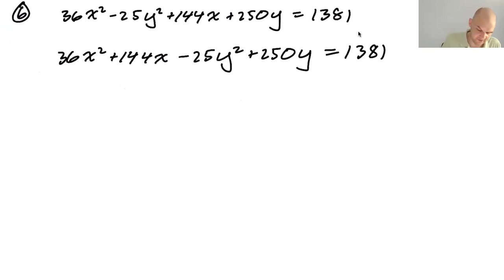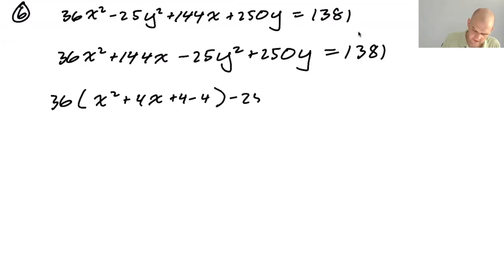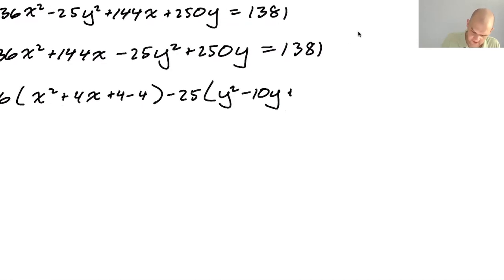And now I'm going to take 36 out. Get x squared plus 4x. So I already know it's going to be plus 4 minus 4. Then minus 25, y squared minus 10y, and then divide by 2 squared, so it's going to be plus 25 minus 25. And then equals 1381.